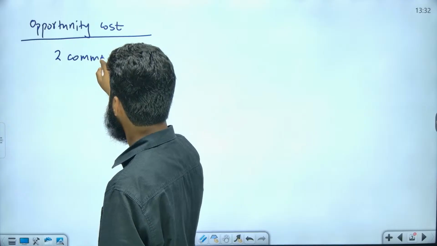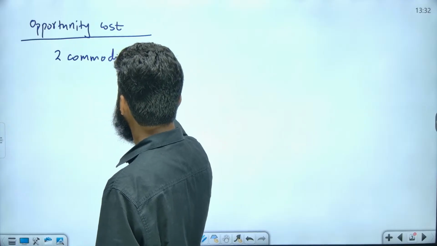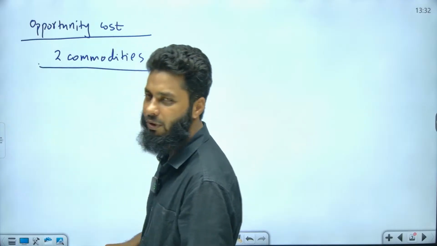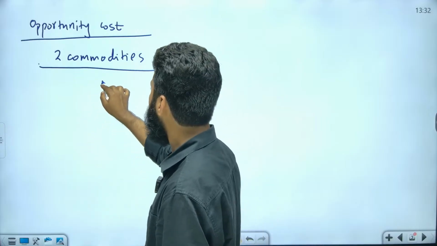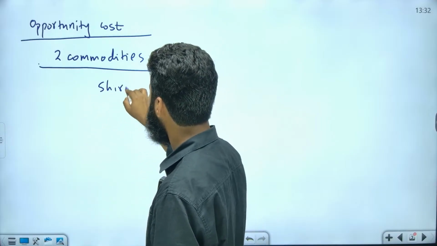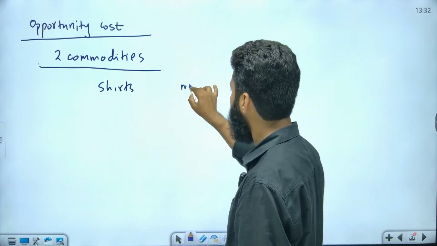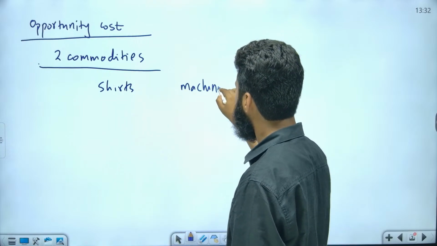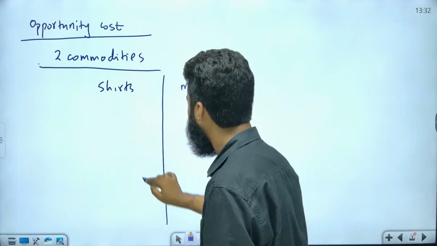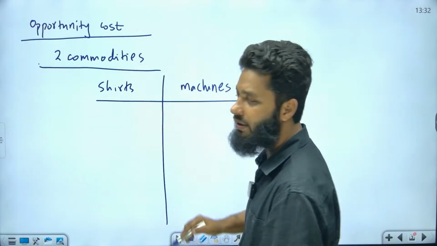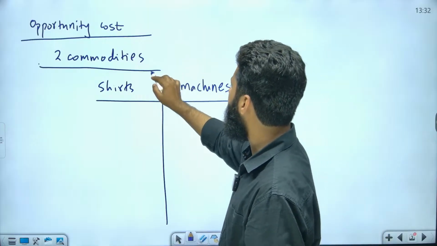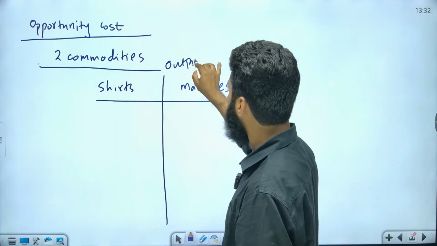So suppose there is a possibility of producing two commodities. One commodity, for example, is cloth, that is, shirts, and the second is machines, right? We can either produce shirts or machines. This is related to the output that we are talking about.